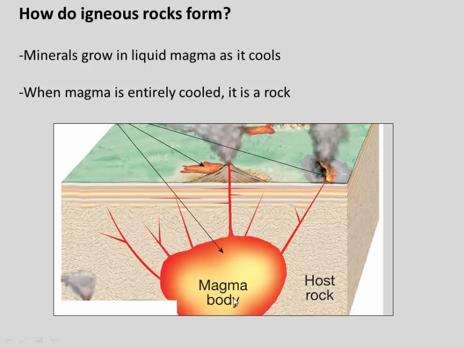You've had some melting in the crust, and it's created a big chamber of hot molten magma that's a liquid, right? As that magma starts to cool, minerals start to crystallize. And eventually, once this is entirely cooled, it has entirely crystallized into minerals, and it is now a new type of rock. Specifically, it's an igneous rock.